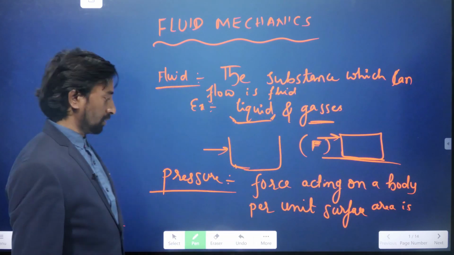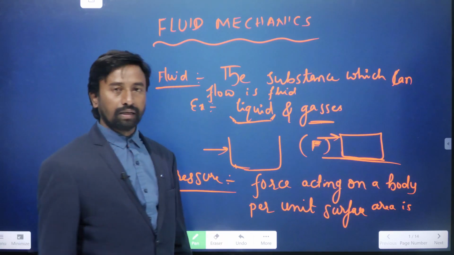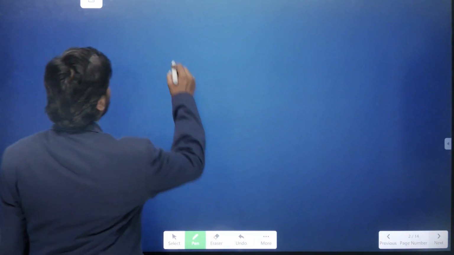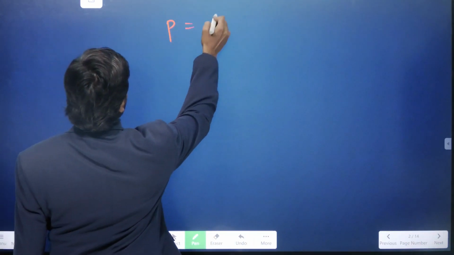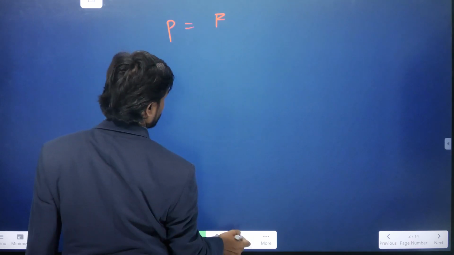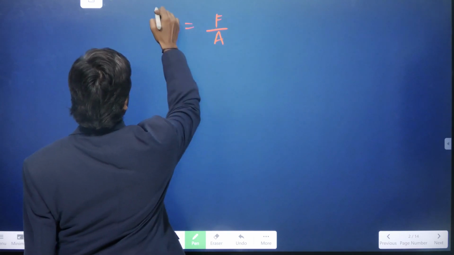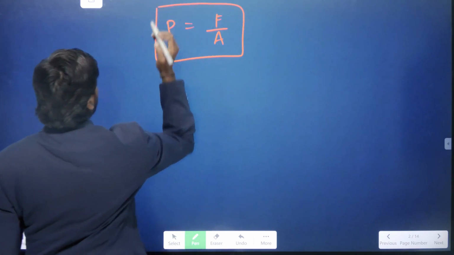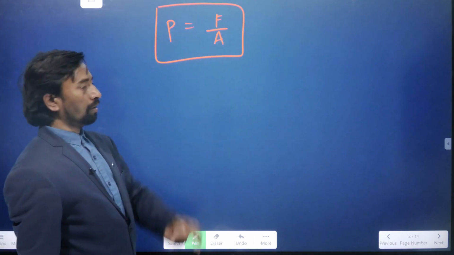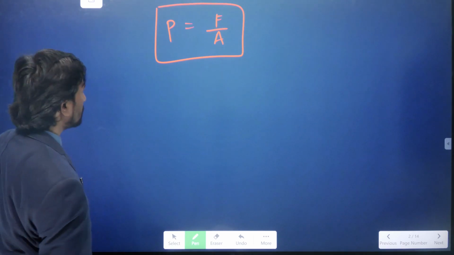The pressure is denoted by the capital letter P, and the formula can be written as P equals F by A, where F is the force and A is the area. This is the formula of pressure. Pressure is a scalar quantity because it is force divided by a scalar.